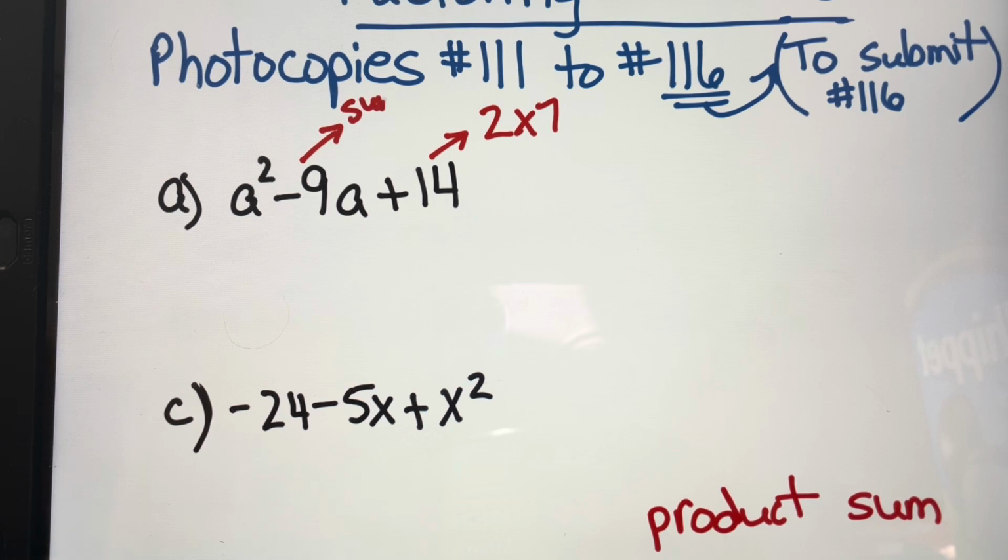So this is where we're looking for the sum. This 14 is our product. That's why we're looking for factors. So if I pick 2 times 7, there is no way that they're going to give me a -9. So that means I have to figure out where to put some negatives on my 2 and my 7.